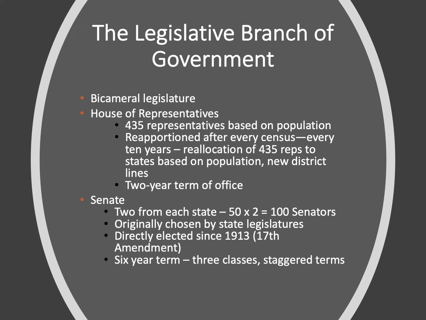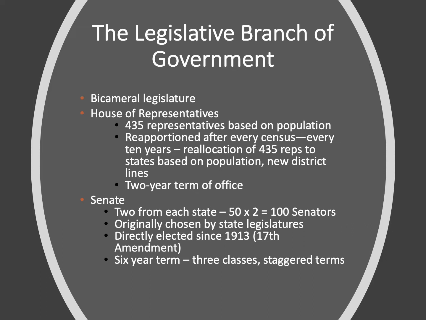Whereas the Senate, there are 2 members from each state, so there are just 100 senators. 435 in the House, 100 in the Senate. And all states are equal. Every state has 2 seats. In the original Constitution, senators were chosen by state legislatures. You may remember we discussed this. Since 1913, in the 17th Amendment, they have been directly elected by the people.